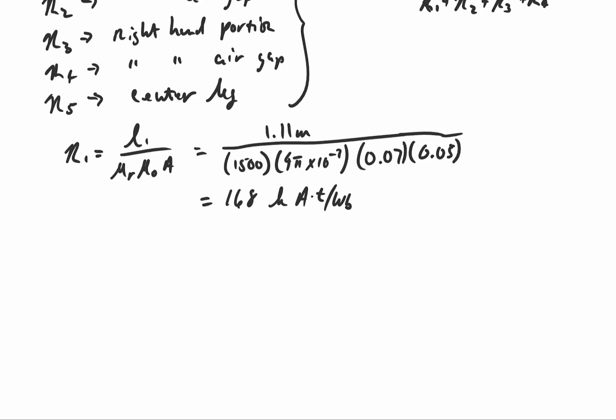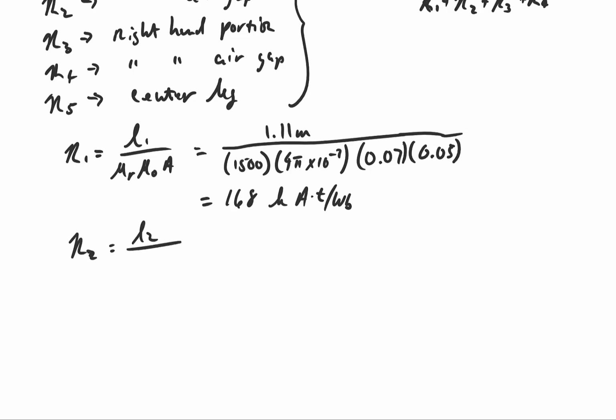Okay, so remembering, this is my relative permeability. This is mu naught, permeability of free space. And these two terms are giving me my area, my width times my depth of the leg. So now when I go to compute R2, I'm just not going to rewrite all that over again.